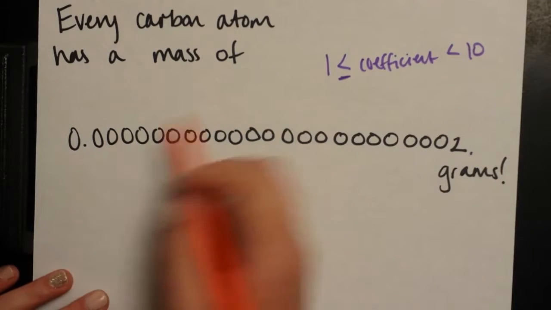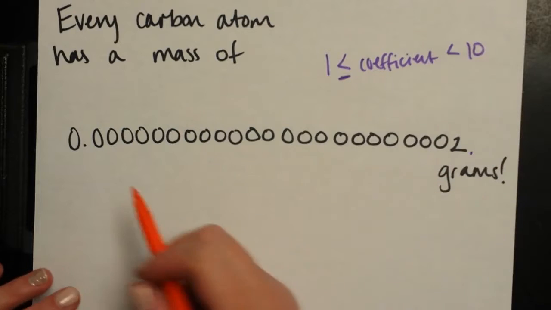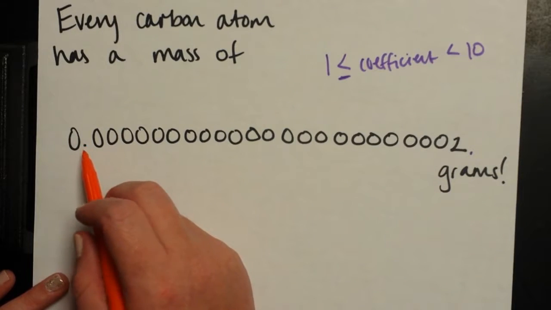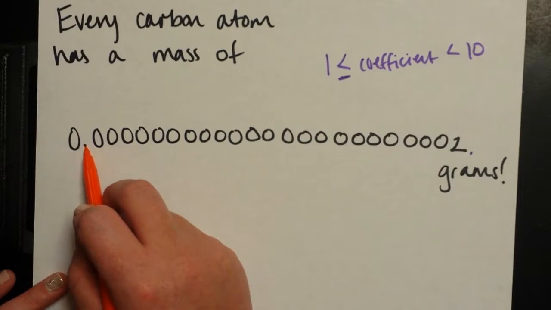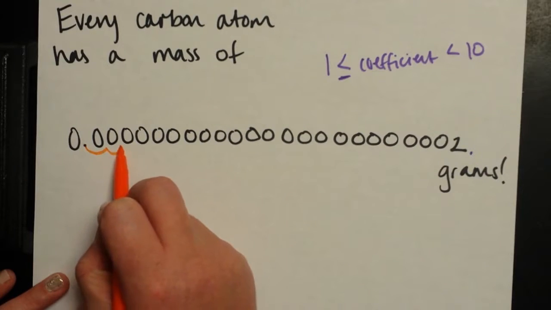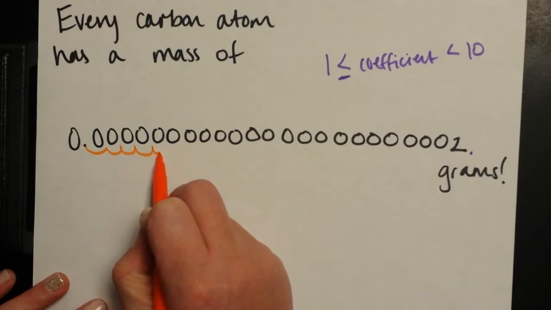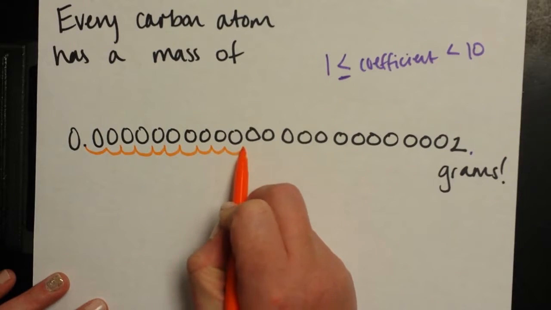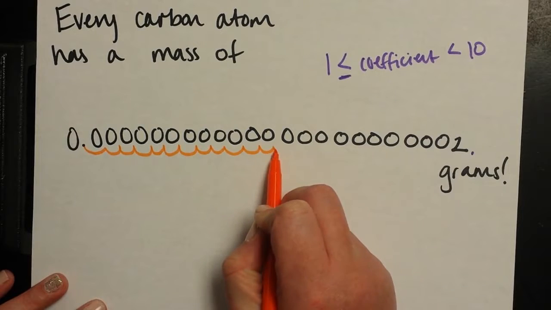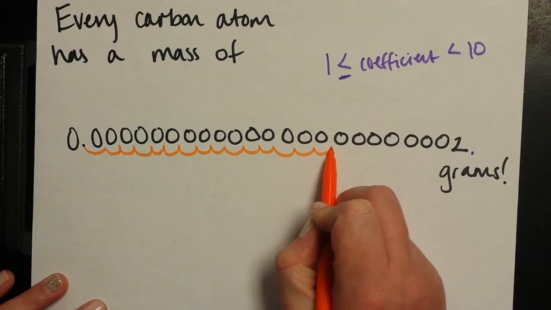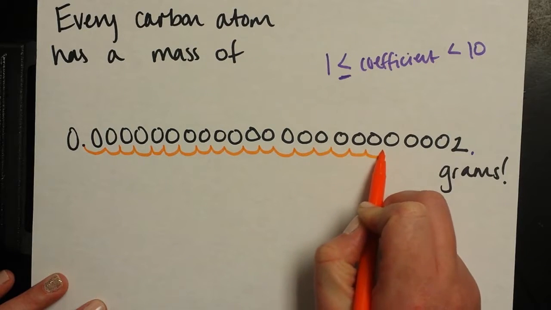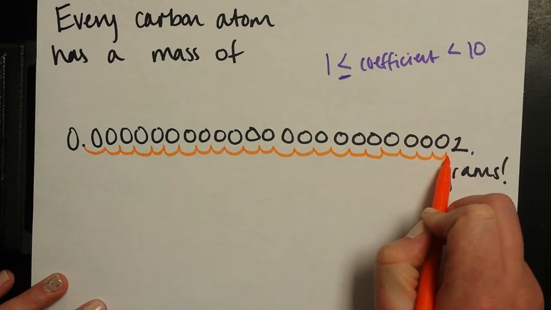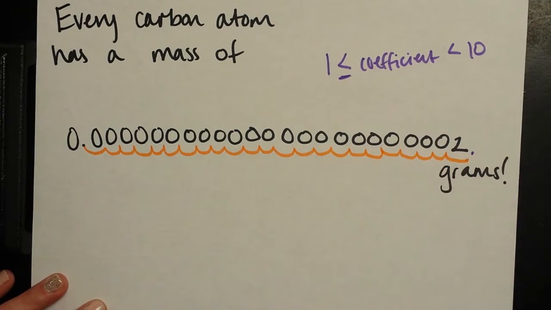Let's see, how many times do I need to divide by 10, or multiply by 10 to the negative however many times? I'm going to start where I originally was and move it 1, 2, 3, 4, 5, 6, 7, 8, 9, 10, 11, 12, 13, 14, 15, 16, 17, 18, 19, 20, 21, 22, almost there, 23 times.